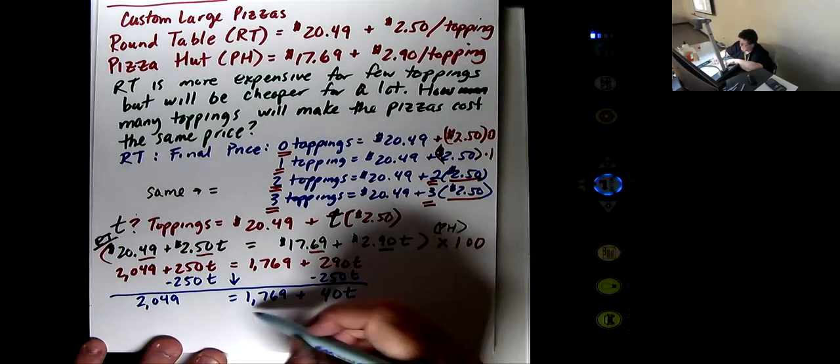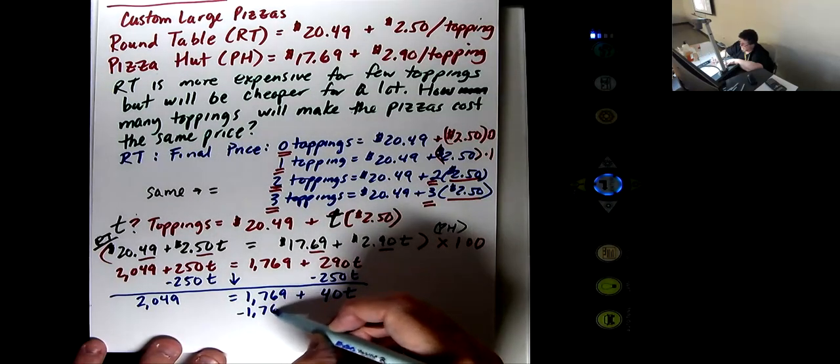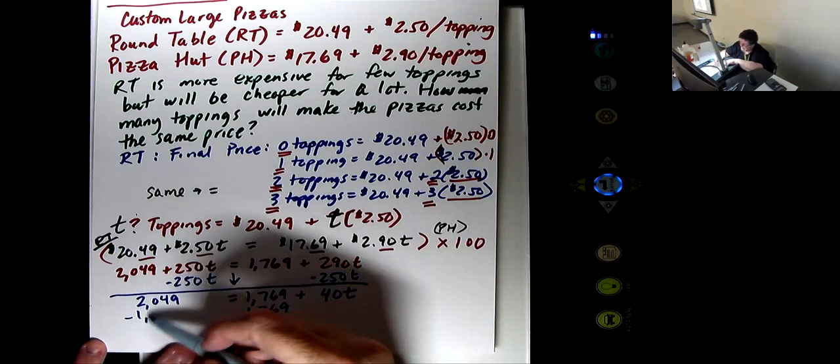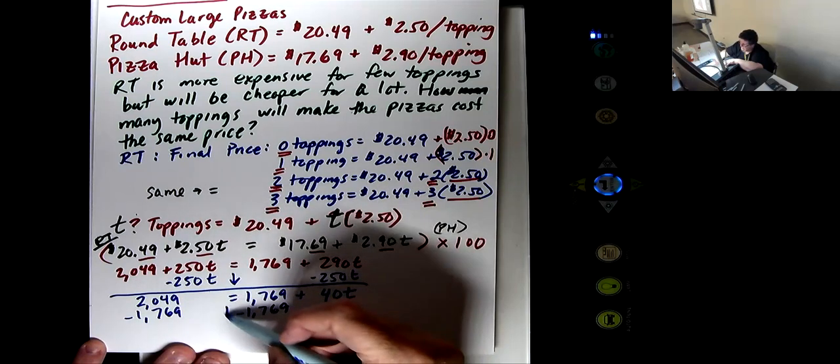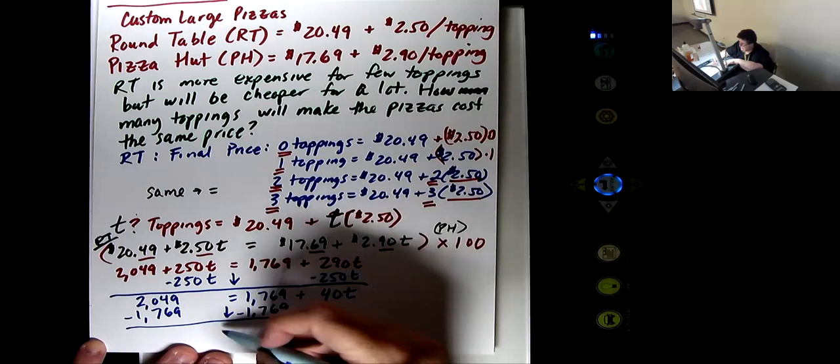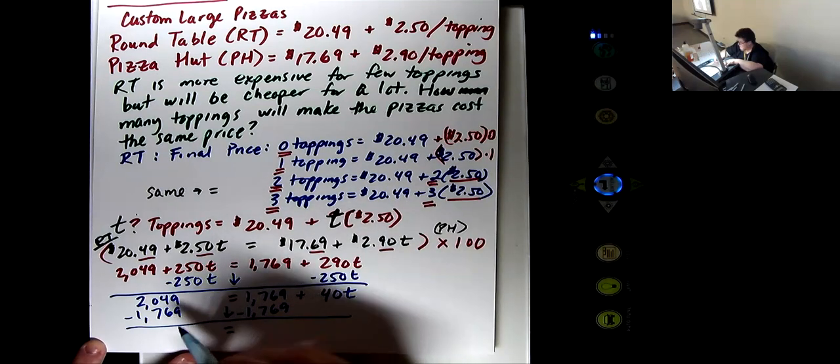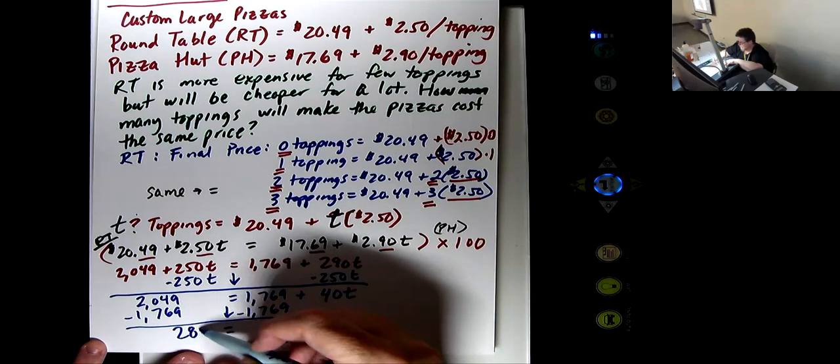Then we're trying to get t by itself. I'll subtract 1,769 from both sides. And this is 280 equals 40t.